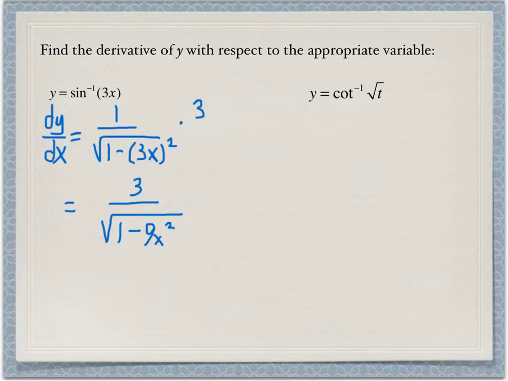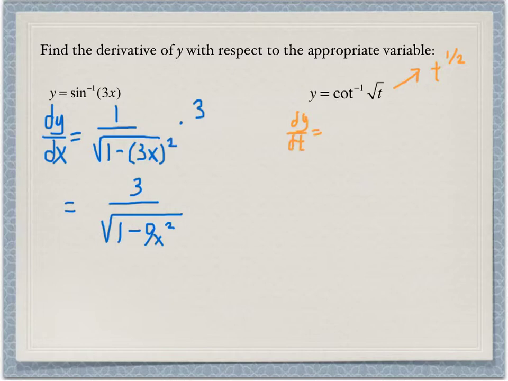This one's a little bit trickier. Once again, here's that square root of t, and remember that square root of t, we can often write, is somewhat helpful anyway, to write that as t to the 1/2 power. Now in this case it might not be that helpful to do it right away, although later on when we have to find that derivative it'll be kind of nice. So here we go. In this case it's going to be dy over dt.